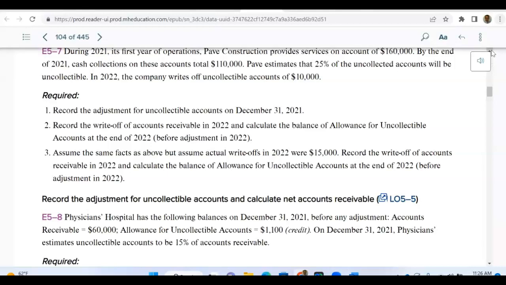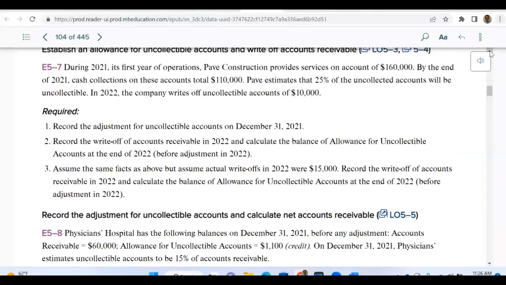During 2021, it's first year of operation. Why is this so important problem? You have to understand what this means. This means because this is a brand new company, there is no balance in allowance for doubtful account, T account, coming from previous year.